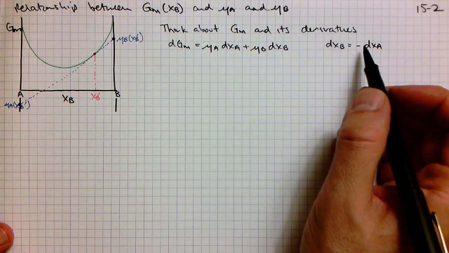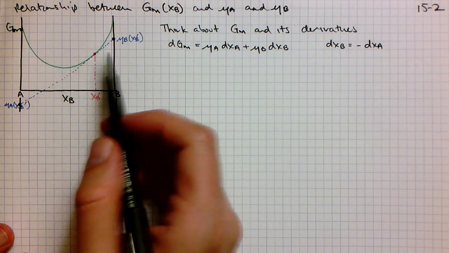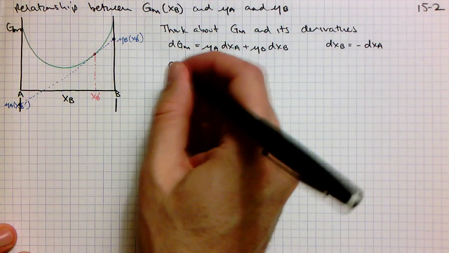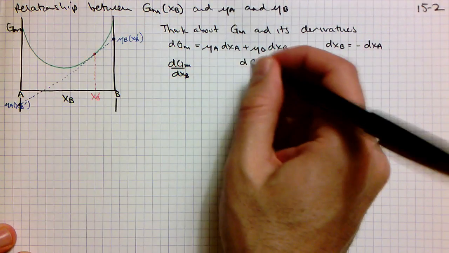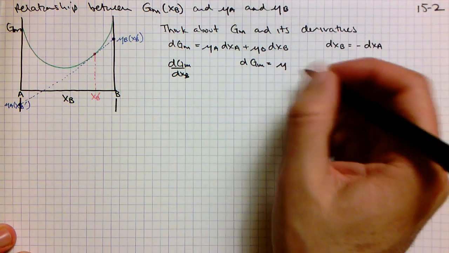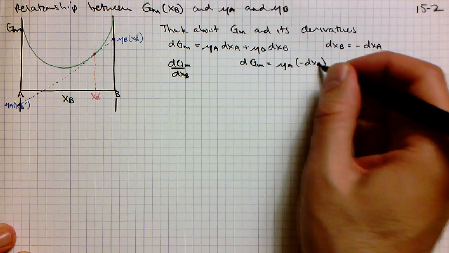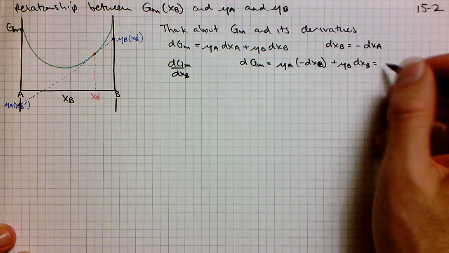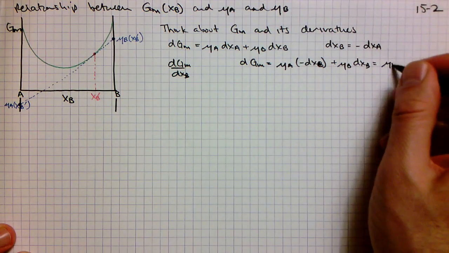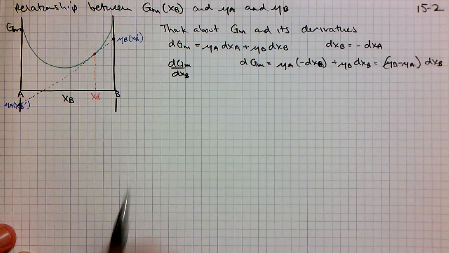So if we consider the slope here, right? What is the slope of dGm/dxb? Well, we could rewrite our dGm as mu A times minus dxb, plus mu B dxb, so we could write this as mu B minus mu A times dxb, right?